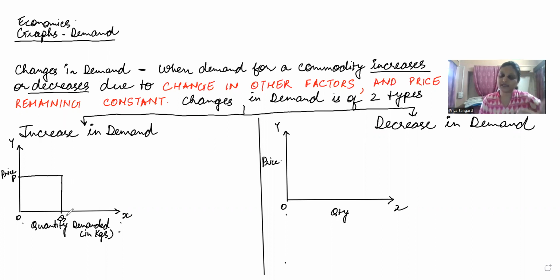Or maybe the season is such, say winter बढ़ा. Woolen clothes का यदि हम example लें तो woolen clothes will be demanded in winter, so because of change in season उसने किसी चीज की demand बढ़ा दी. Price पहले भी 400 rupees पर sweater थी, अभी भी 400 rupees पर sweater ही है, but because of change in season और change in income उसने उस product की demand बढ़ा दी.